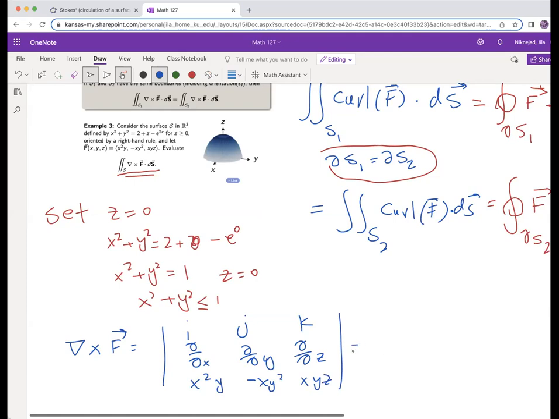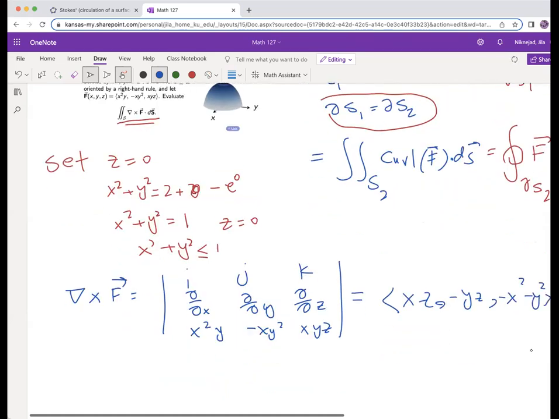That is going to be xz, negative yz, and negative x squared minus y squared.